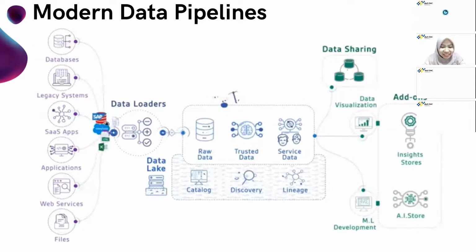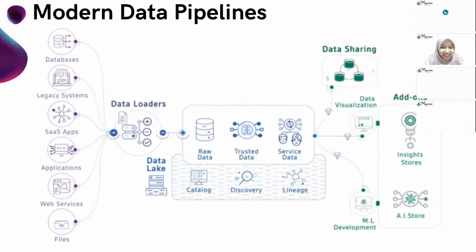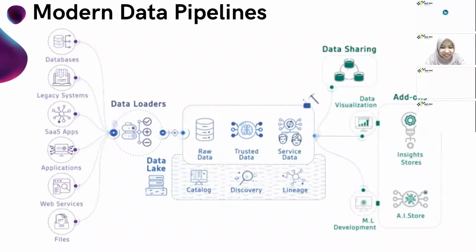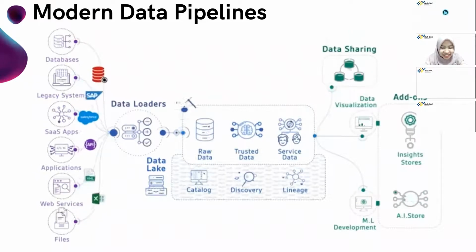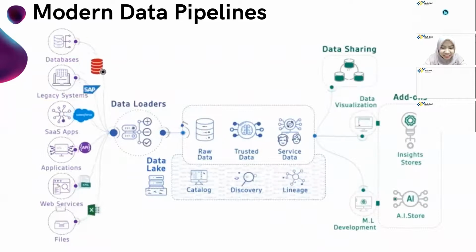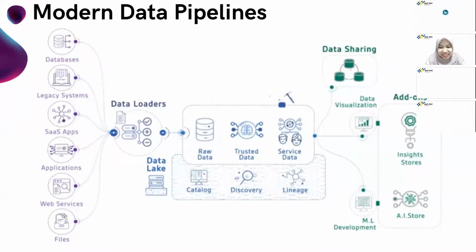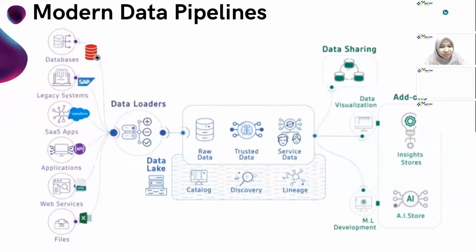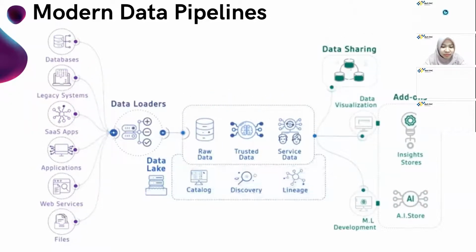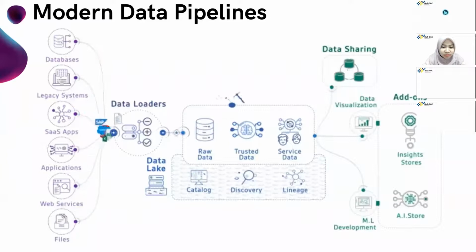We have data coming in from a legacy database, or a SaaS application, or a web application, and even various files, like Excel or other spreadsheets that you might have been using. You can integrate all of these using a data loader pipeline. A data loader could be an ETL or an ELT, based on your choice of operations again.